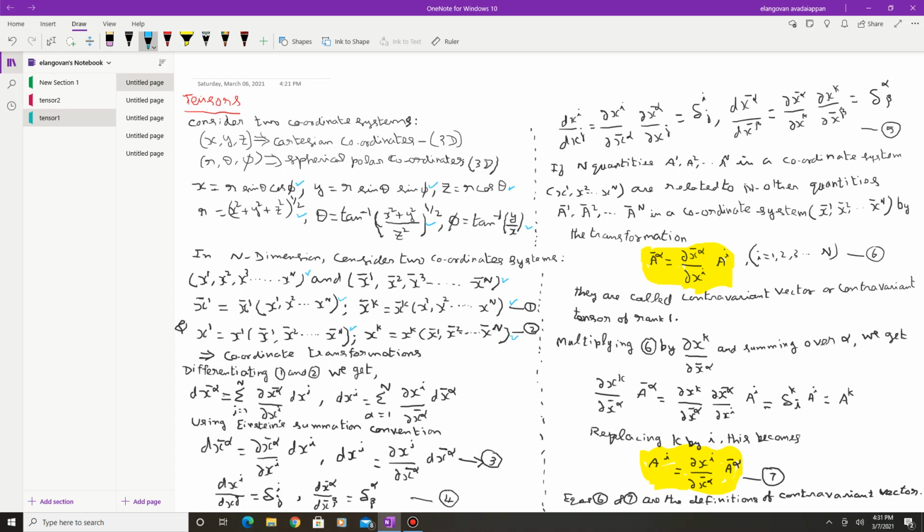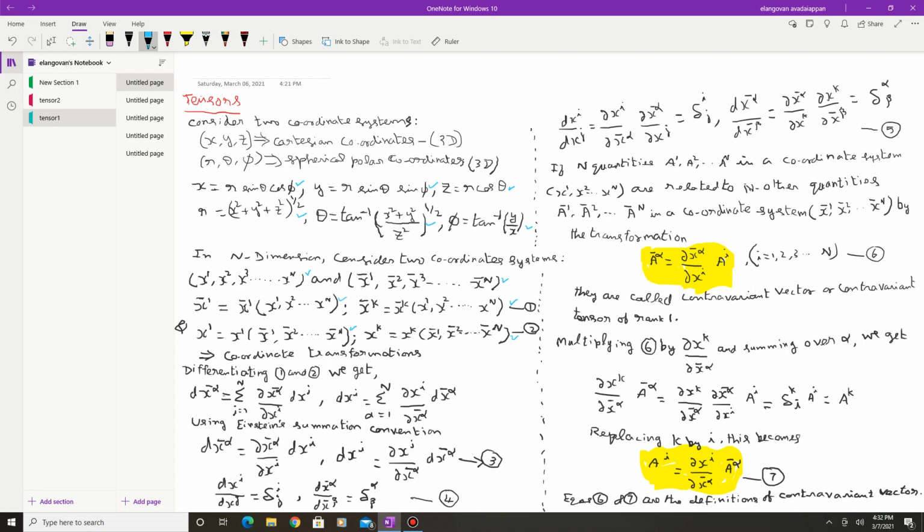Now let us write down the coordinate transformations. For this, we differentiate equations 1 and 2. So now let us differentiate equation 1. So this is equation 1, and you differentiate it.